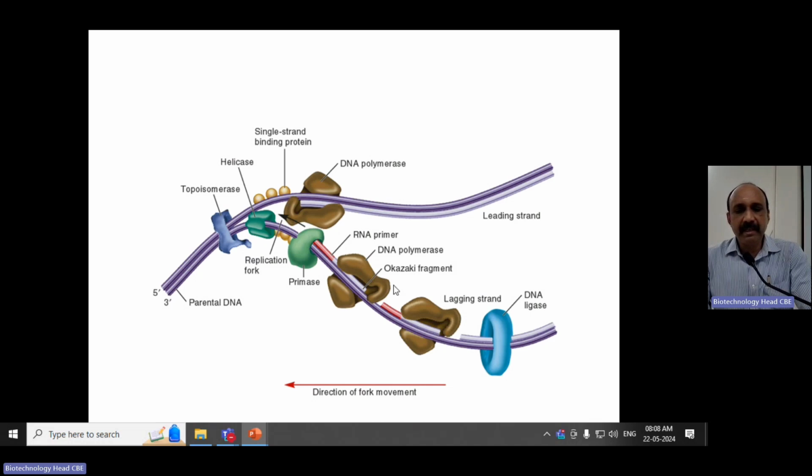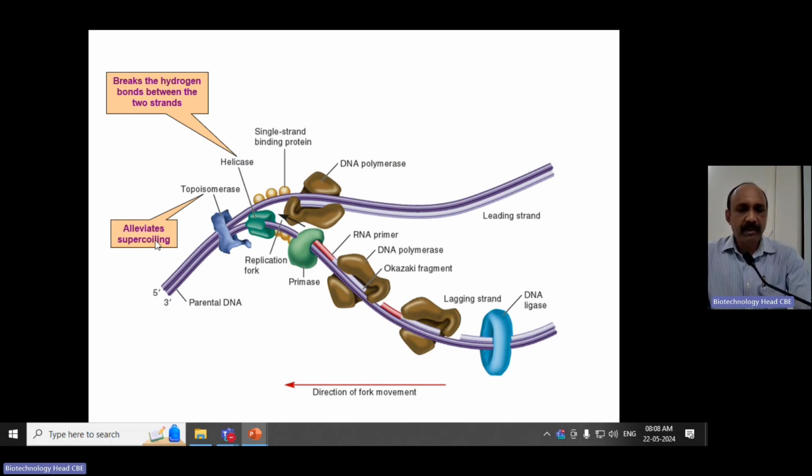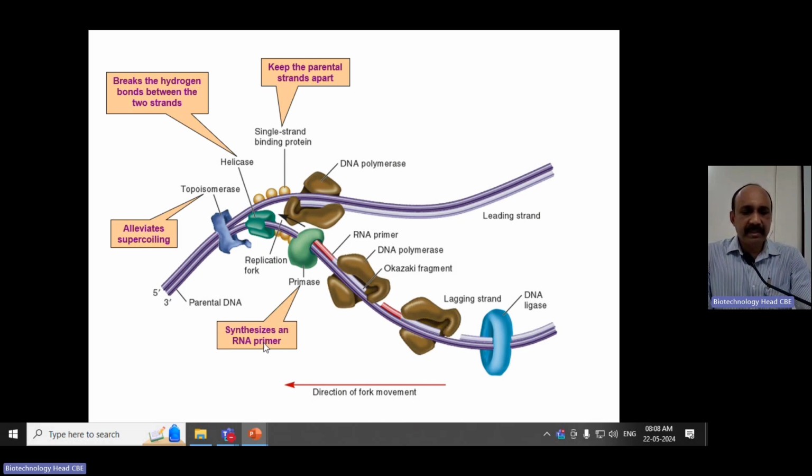And in the lagging strand, you have the RNA primer that is synthesized by the primase enzyme, and the Okazaki fragments are synthesized from this RNA primer in the 5' to 3' direction. Right? It's the same. This picture is the same as what we saw earlier. It breaks the hydrogen bonds between the two strands, the helicase and topoisomerase alleviate the supercoiling, the SSBs keep the parental strands apart, and the primase synthesizes the RNA primer.